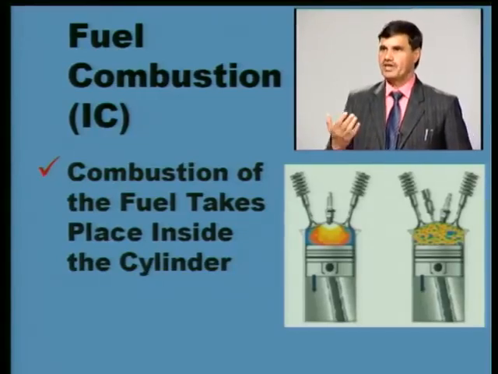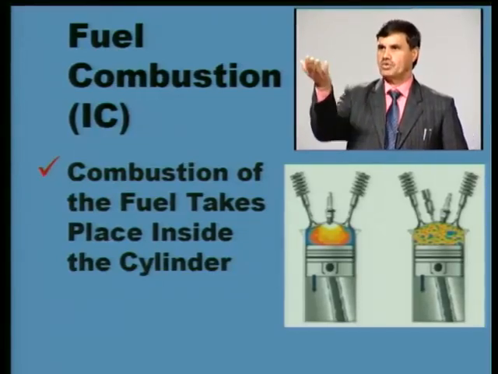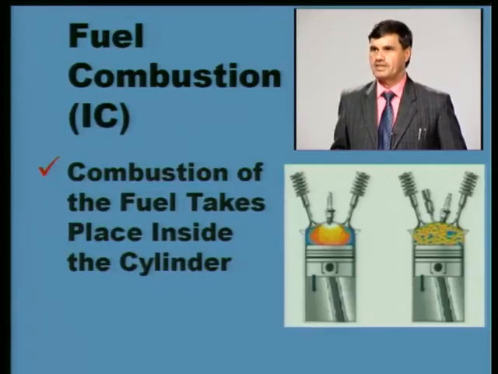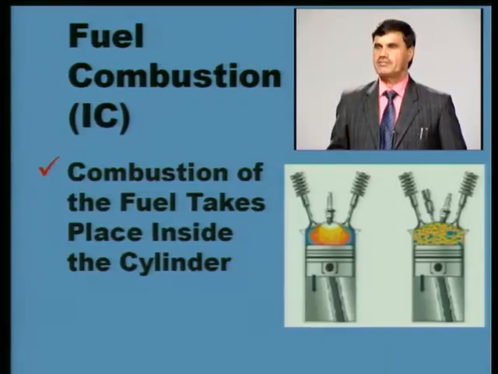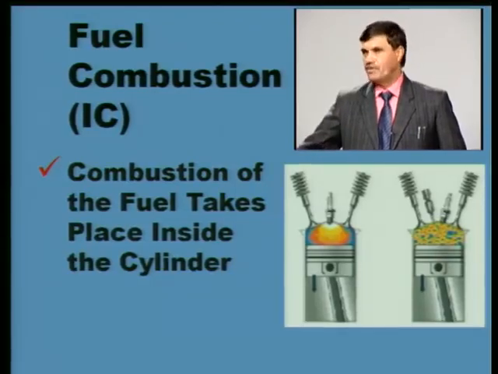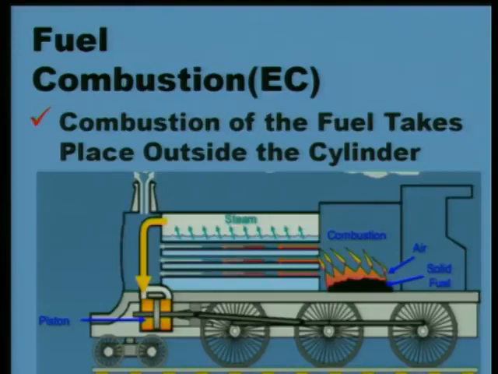Then regarding fuel combustion, both are internal combustion examples where combustion takes place inside the cylinder, so fuel is burnt in the cylinder, whereas in the external combustion engine, combustion takes place outside the tubes which are responsible for generating the steam.